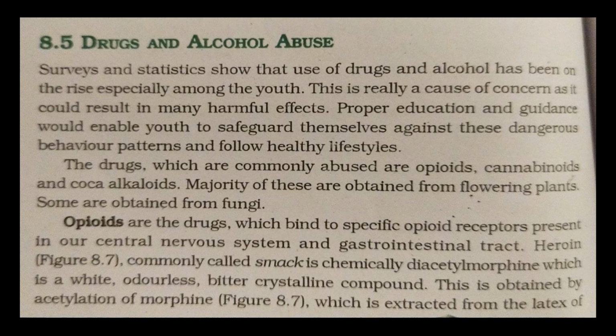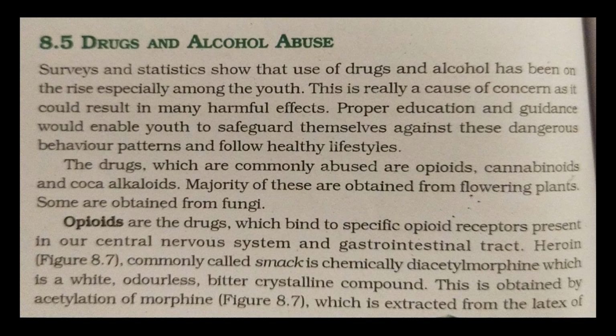Majority of these are obtained from flowering plants, some are obtained from fungi. Opioids are the drugs which bind to specific opioid receptors present in our central nervous system and gastrointestinal tract. Heroin, figure 8.6, commonly called smack, is chemically diacetylmorphine, which is a white, odorless, bitter crystalline compound.